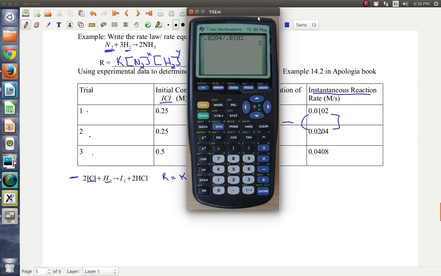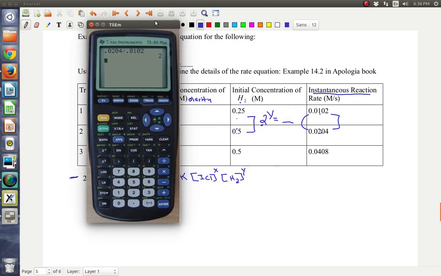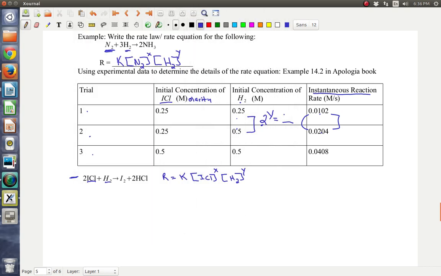That's also a 2. So 2 to the y power is also equal to 2. This 2 came from 0.5 divided by 0.25, and this 2 came from 0.0204 divided by 0.0102. Now, 2 to some power y has got to equal this change. In math, you should understand that 2 to the first power equals itself, so y equals 1. So now I know what y is.